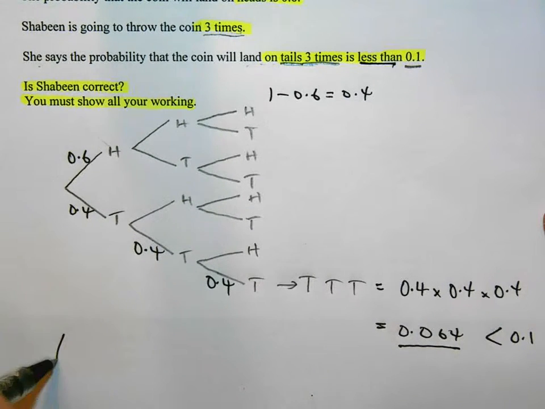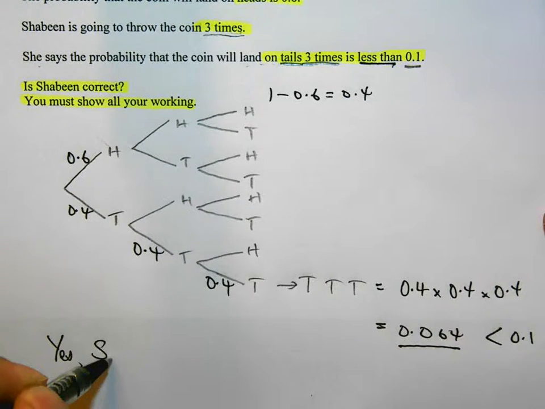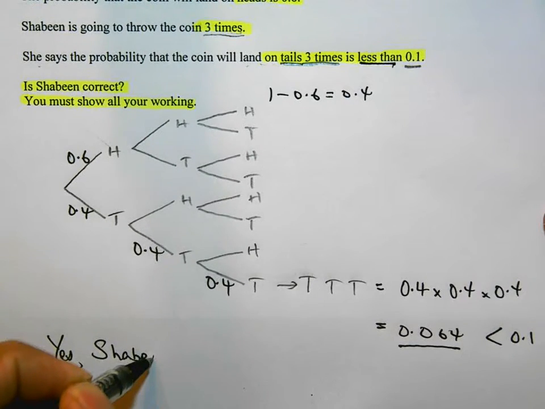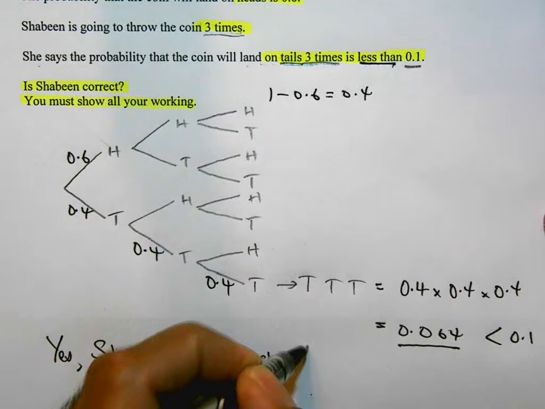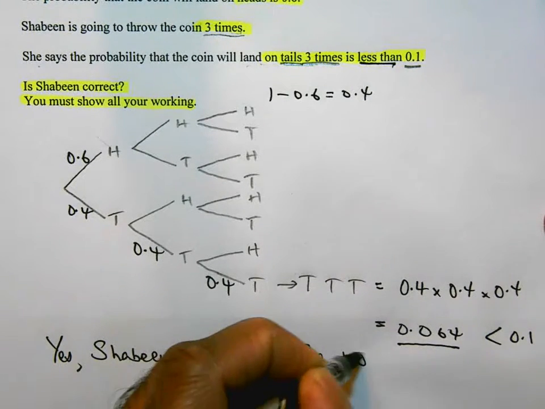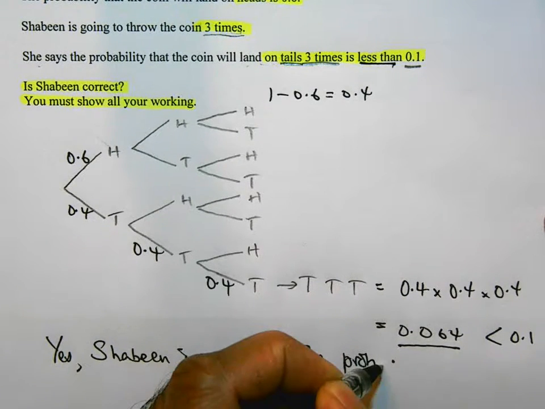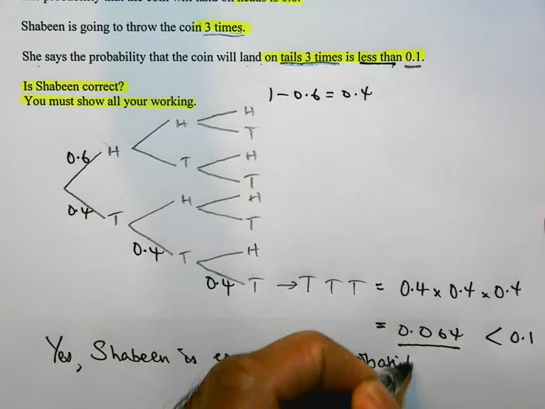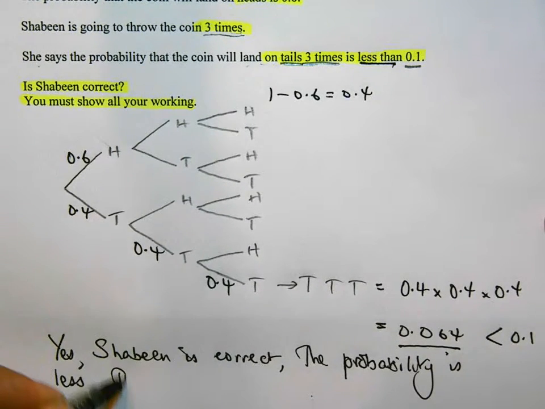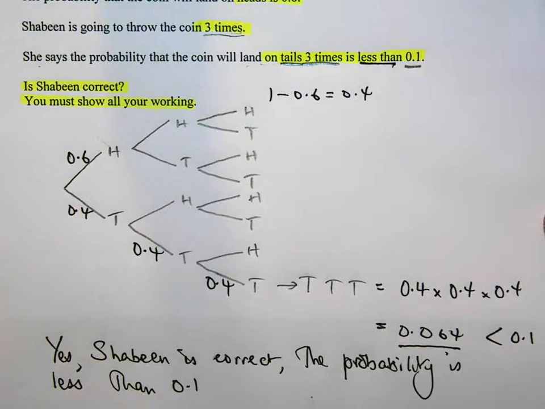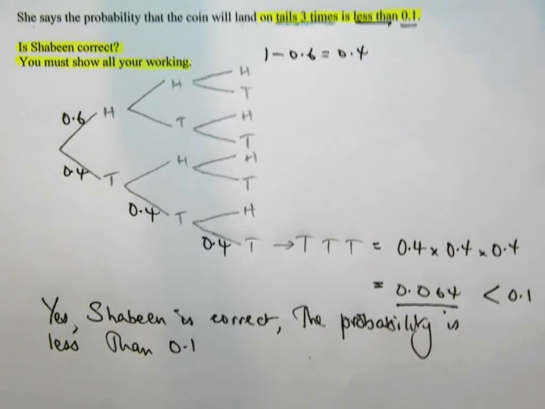Shabim is correct. The probability is less than 0.1. Okay, so that you can make sure you see it all. The probability is less than 0.1.